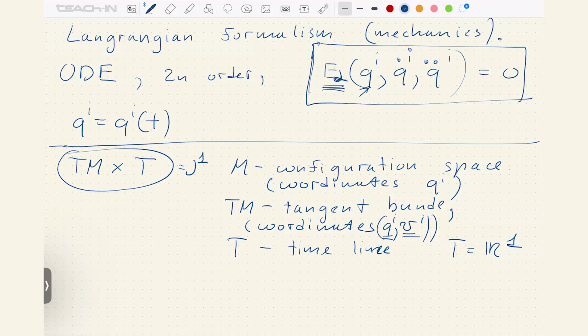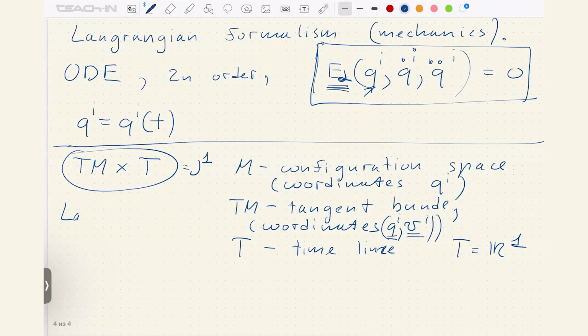I call it J^1. And the Lagrange function, by definition, for second order systems, L, is a function on this space J^1. If you have a system where you need higher derivatives, then you will need to extend the space.